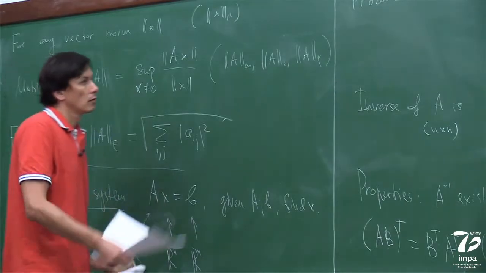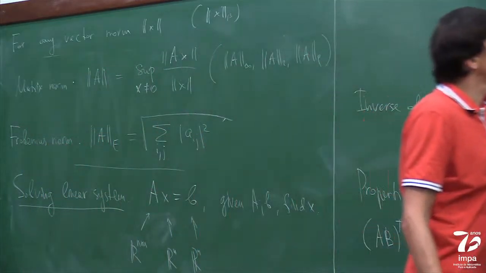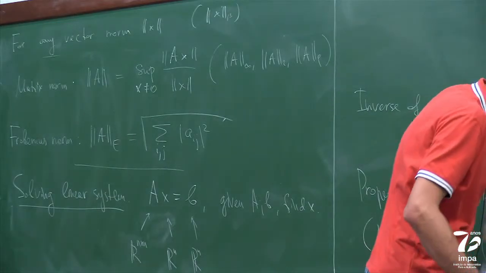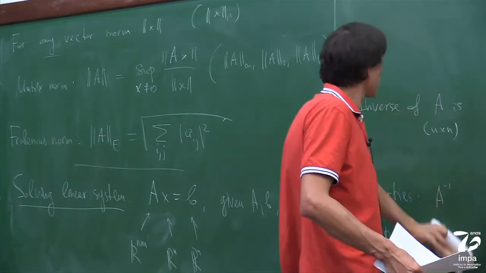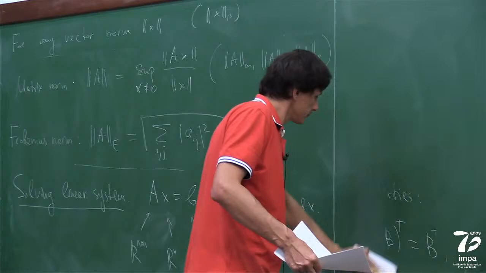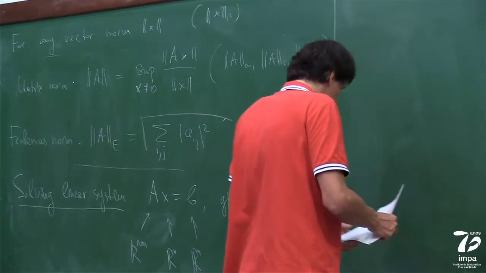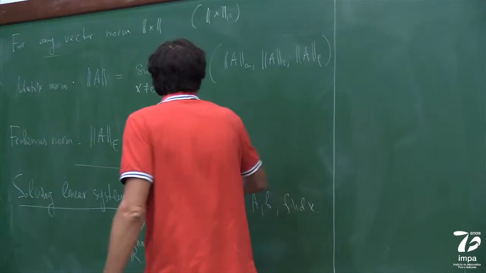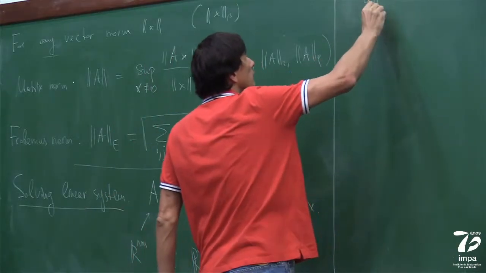And okay, we can write it once in component form for you to remember what this product is. A has components A11 and so on.